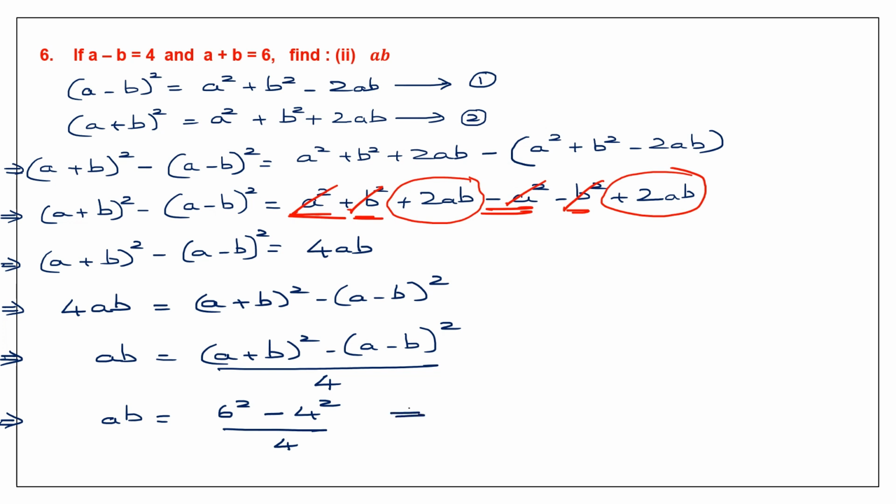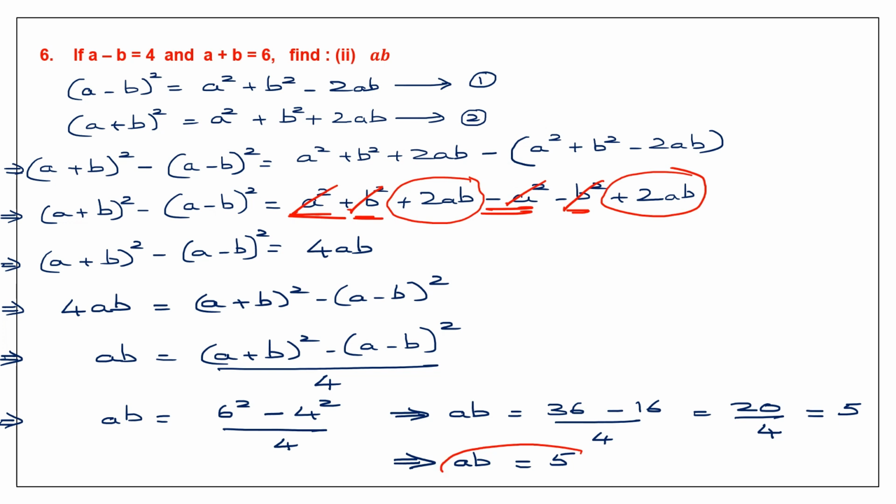So when we simplify it further, we get ab is equal to 6 square is 36 minus 4 square, 4 fours are 16, divided by 4. 36 minus 16 is 20. 20 divided by 4, and that is 5. So we have found the value of ab. ab is equal to 5. This is our answer.